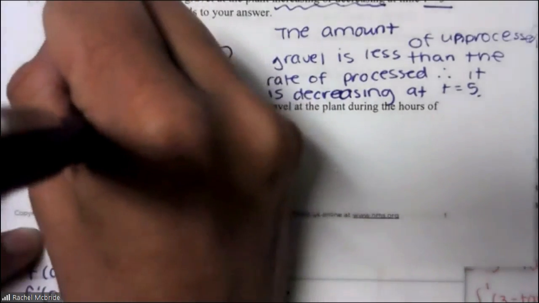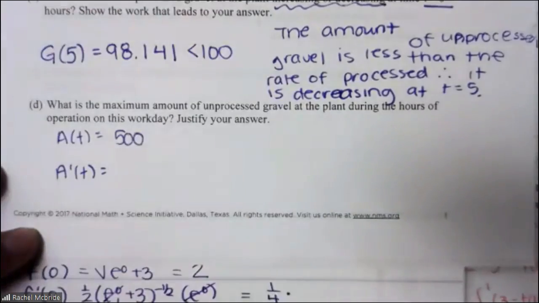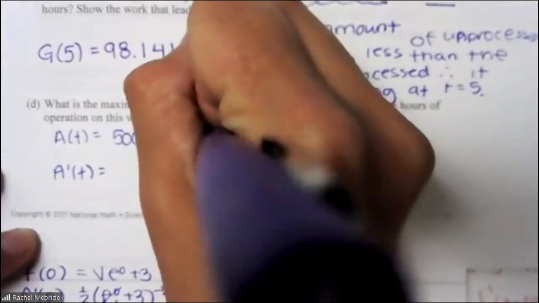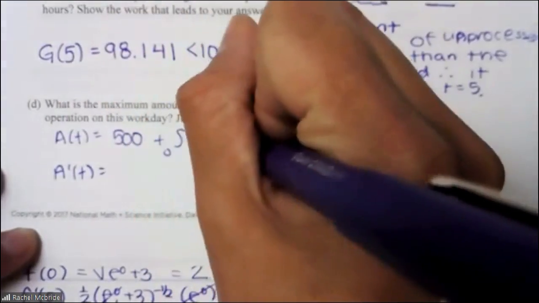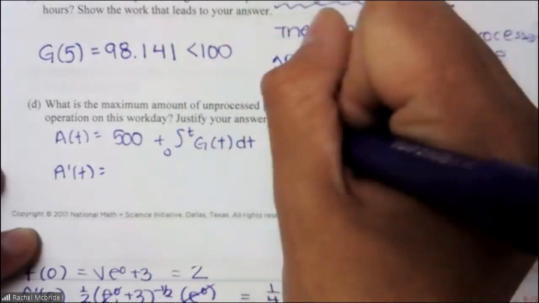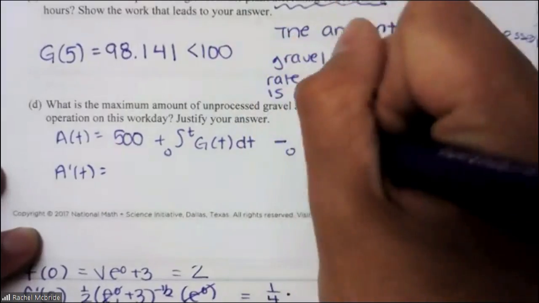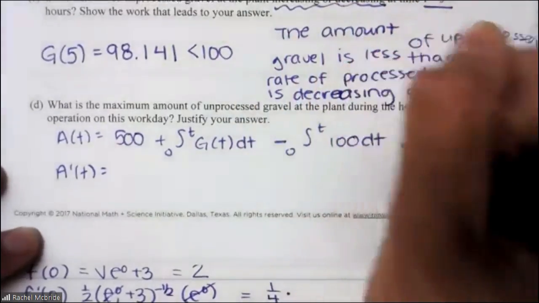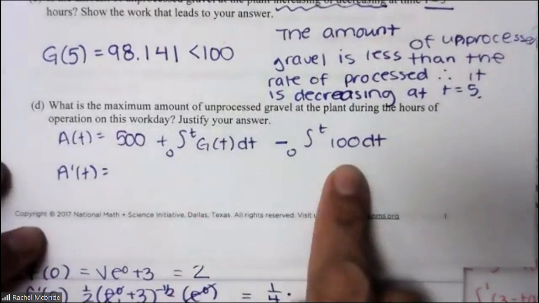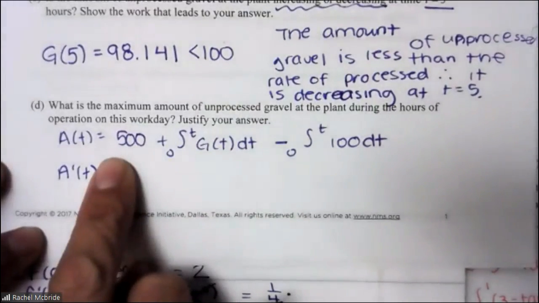So it starts with 500. It's changing at G of T dt minus the processed, which is 100. So the amount of unprocessed versus processed given initial.